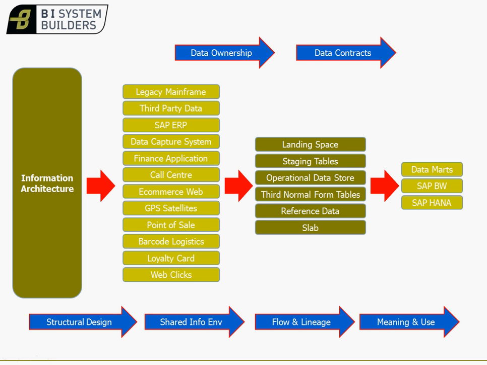Legacy mainframe, third-party data that you buy in, data sources such as Aspirin maybe, SAP ERP system, other data capture systems, financial applications, maybe a call center up and running with enormous amounts of unstructured data, because although people working in a call center environment may have a set series of questions to go through, they may type up a lot of unstructured text into notes fields.